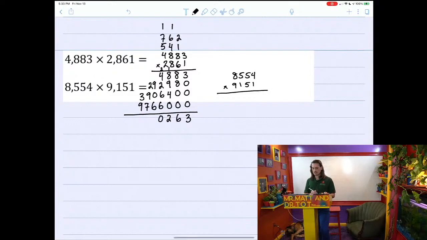We have 1 plus 2 plus 9 plus 7. 1 plus 2 is 3. 3 plus 9 is 12. 12 plus 7 is 19. So we keep the 9, carry over the 1. And then finally we have 1 plus 3 plus 9. 1 plus 3 is 4. 4 plus 9 is 13.